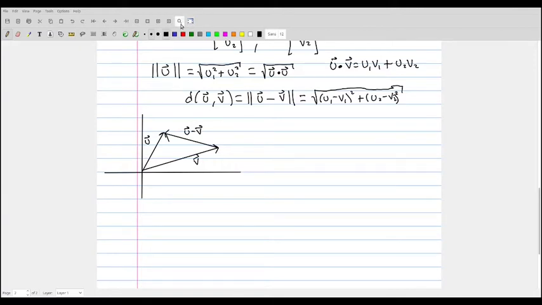So the distance going from here to here is exactly the square root of the difference of the x component squared and the y component squared. So this distance is the norm of u, this distance is the norm of v, the length of v, and the length of this distance right here is the norm of the vector u minus v.